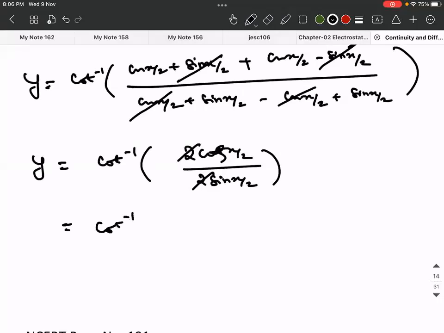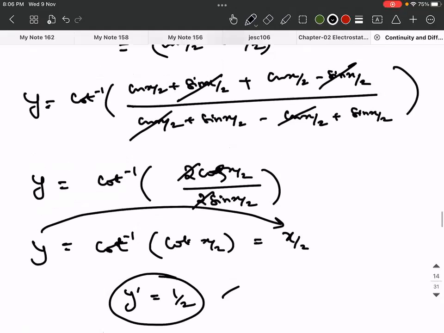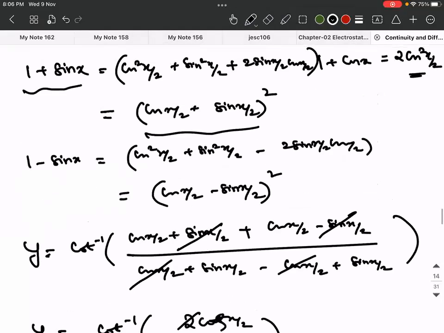So you'll have cot inverse of cot x by 2, which will be x by 2. So y is equal to x by 2, y dash will be equal to half. Am I clear with this? Sir, can you scroll up? Sure. One minute.